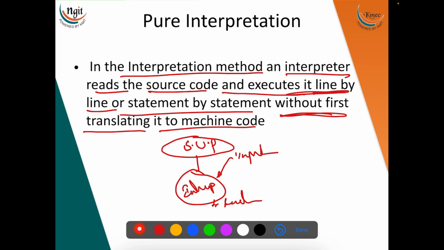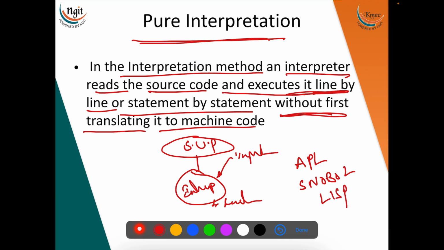The programming languages which take pure interpretation as an implementation method are APL, Snowball and Lisp.